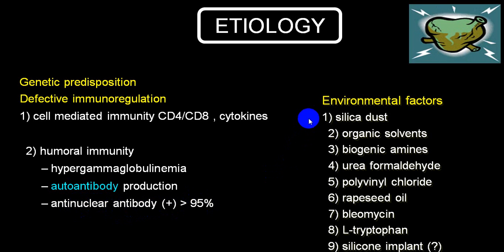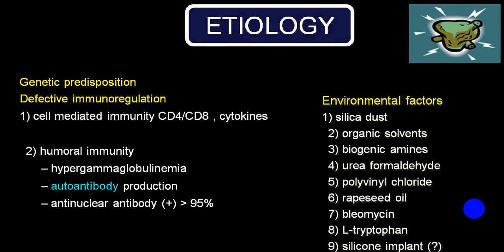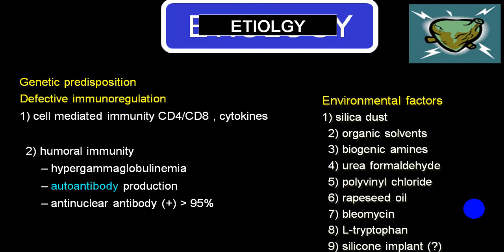There are some environmental factors which are responsible, like silica dust, organic solvent, biogenic amines, urea formaldehyde, PVC, also called polyvinyl chloride, bleomycin, L-tryptophan, silicone implant, etc. These are some of the factors which can predispose to scleroderma.